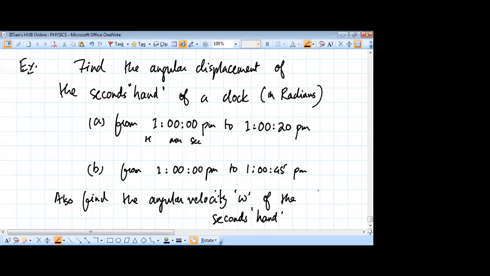So remember the conversion, 180 degrees is equal to pi radians. So use that conversion factor. Yes, correct, Adina. Correct, Aparna.